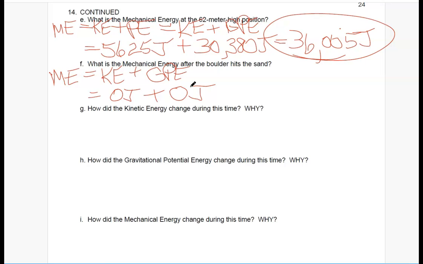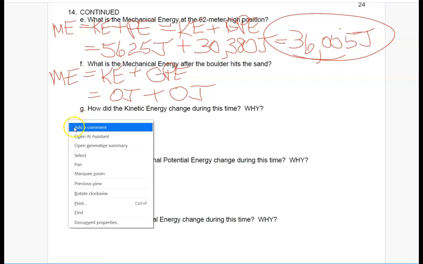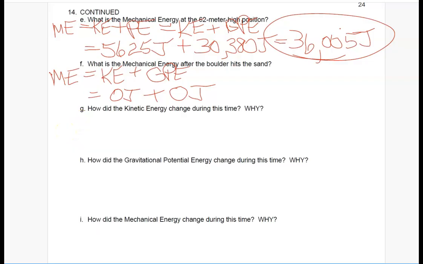Part G says, how did the kinetic energy change during this time? Well, it went from 5,625 joules to 0 joules. Why?